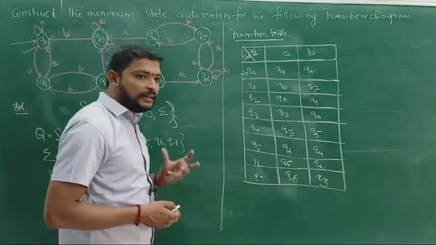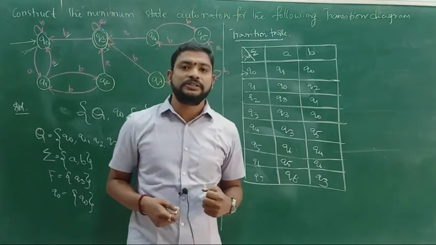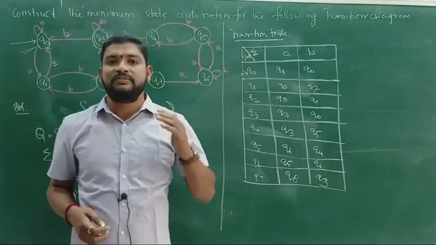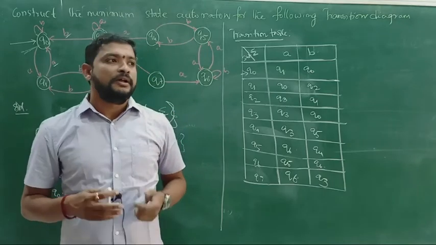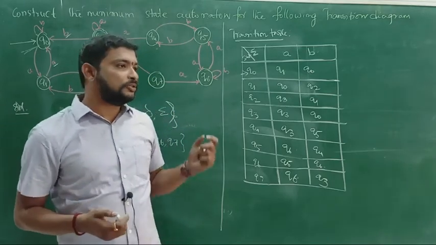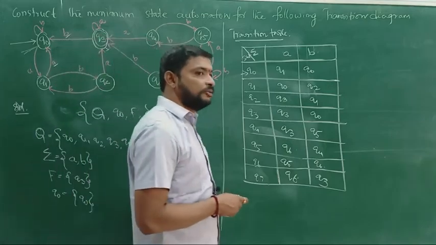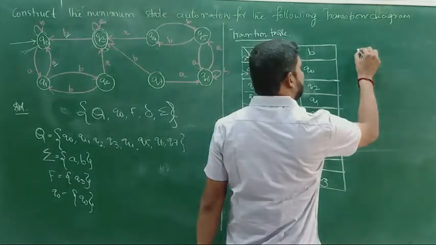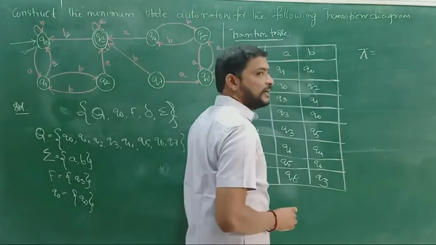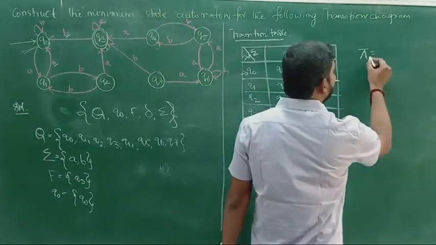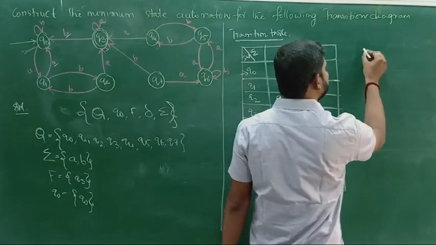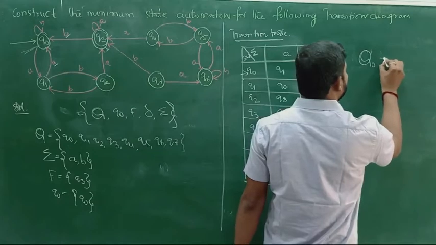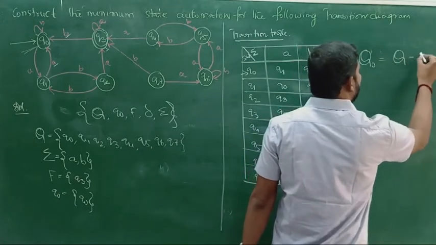Now, for the minimization of automata, the first rule is that we first identify the final state. The final state is nothing but one new state. So the rule is Pi is equal to, I can represent Q0 is equal to capital Q minus, right?